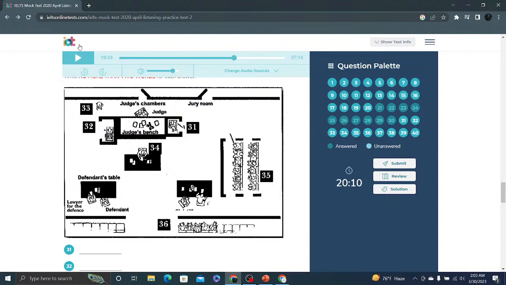Section 3. Recording describing a trial courtroom and the conduct of legal trials. First, you have some time to look at questions 31 to 40.